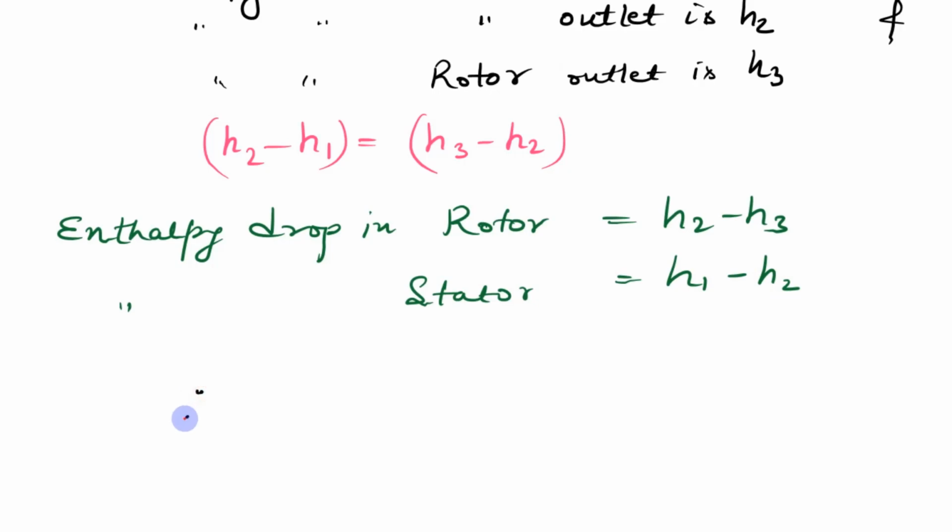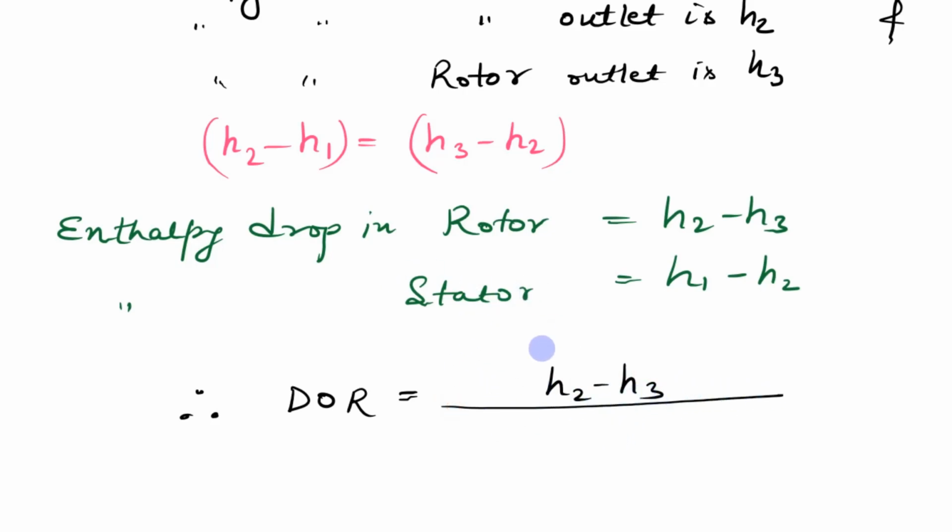Now according to the definition of degree of reaction, we can write DOR will be equal to enthalpy drop in rotor, so H2 minus H3, whole divided by enthalpy drop in rotor plus enthalpy drop in stator. So H2 minus H3 plus enthalpy drop in stator, that is H1 minus H2.